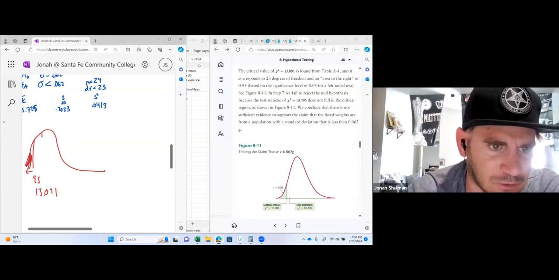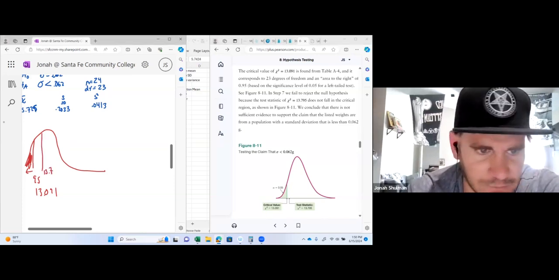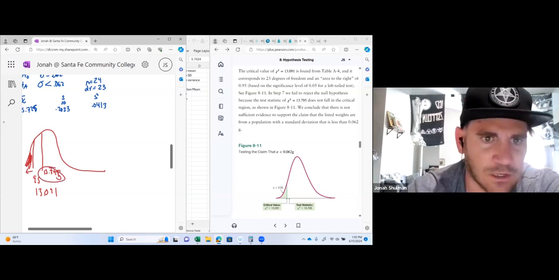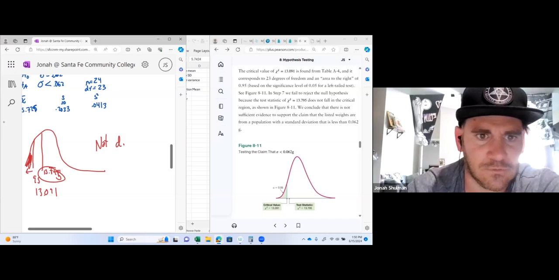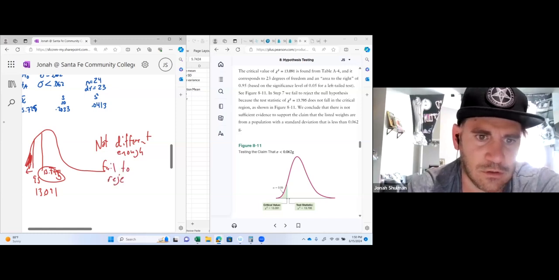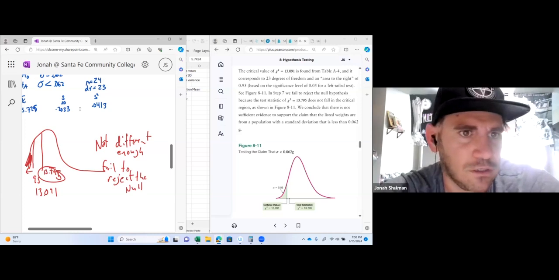So we can't reject the null. That sucks. We're here at 13.795. It's not different enough. This means we fail to reject the null, which means it's not significantly different.